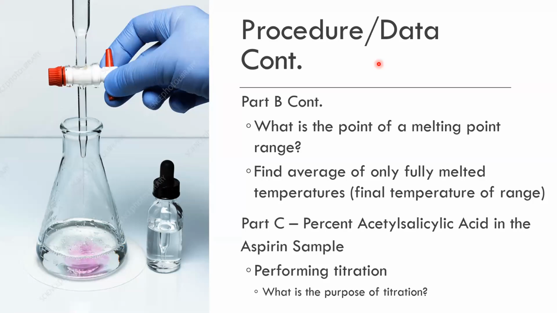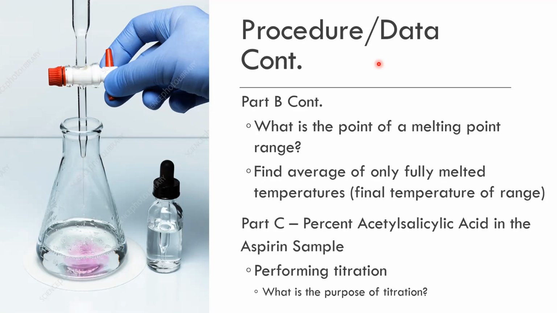All right, moving on to part C, you'll have to calculate the mass of aspirin needed for 20 mLs of 0.1 molar sodium hydroxide to reach its stoichiometric point, right? You guys just basically did that. Then you'll see in the video that the mass of aspirin is measured out and placed in a flask.